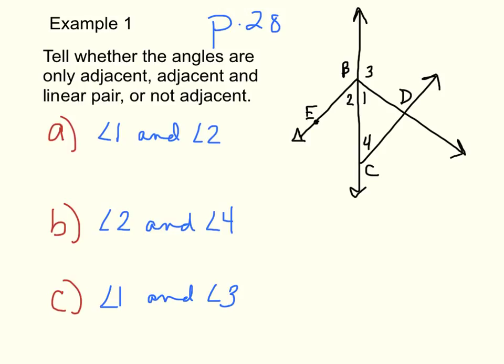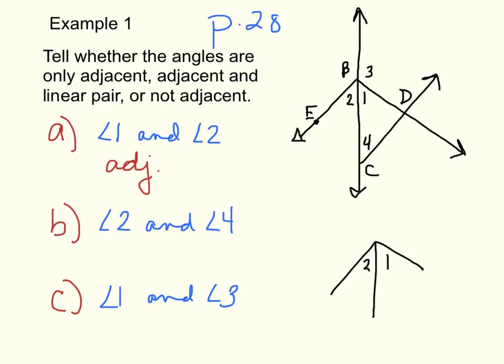Sometimes, if you're confused on what angles they are, it helps to redraw just those angles. So what are these two angles right here? Well, they share a common vertex and a side. Therefore, they are adjacent angles. They do not make a line, so these are just adjacent. And I'm going to abbreviate adjacent.